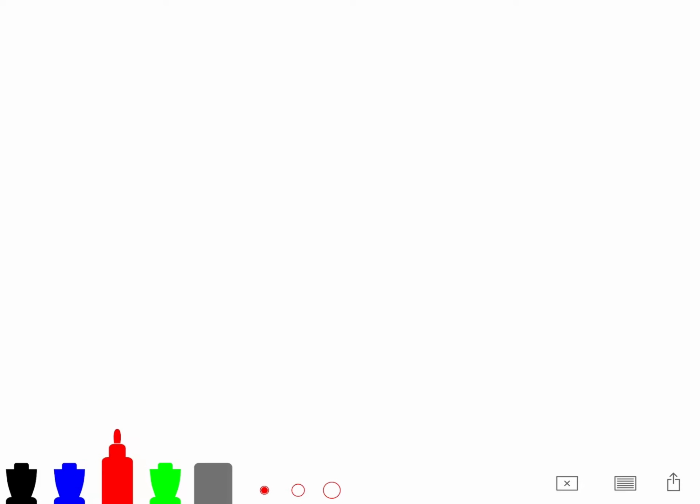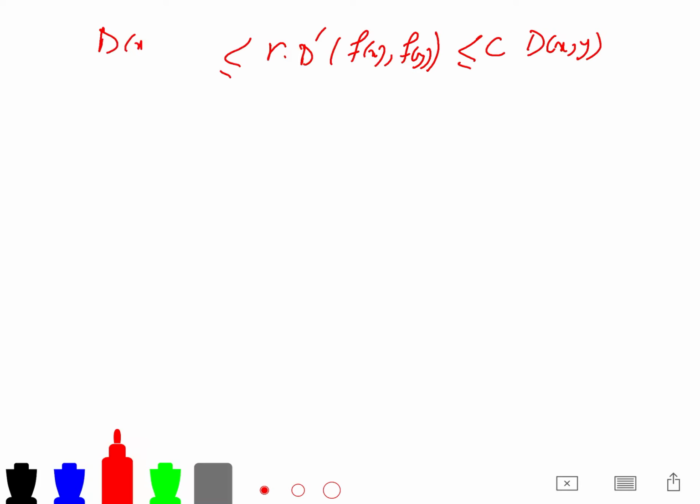And so what I mean by distortion C is that the distance between f of x and f of y is less than C times the distance between x and y. When C is equal to 1, it's isometric, and the minimum interpoint distance between points is 1.